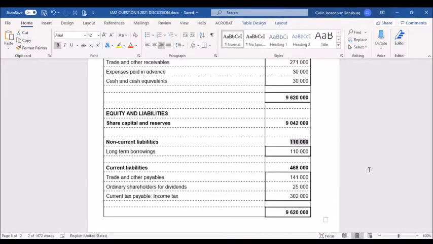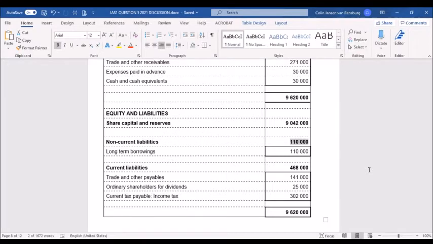There is one of the questions, I can't remember which one, I think it was one that Mr. Borman did, where a portion of the long-term borrowings became repayable within the next 12 months after the financial year. Clearly that portion of the capital on that loan that has to be repaid within 12 months after the financial year is not a non-current liability anymore.